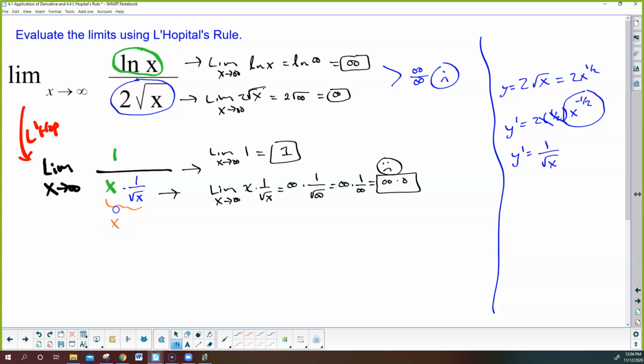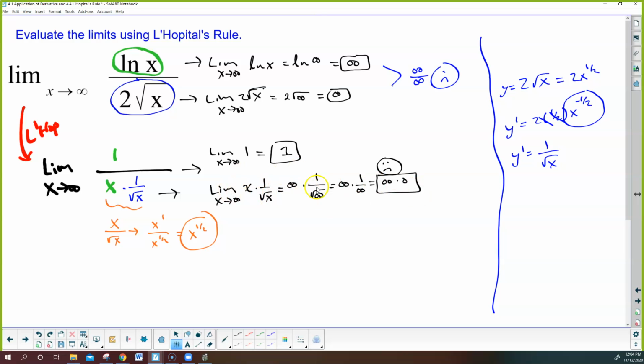What if I have the x on top over the square root of x? Wait a minute. Algebraically, that's the same as x to the first over x to the 1/2. And if I reduce that down, this algebraically ends up being x to the 1/2. So it's like the square root.